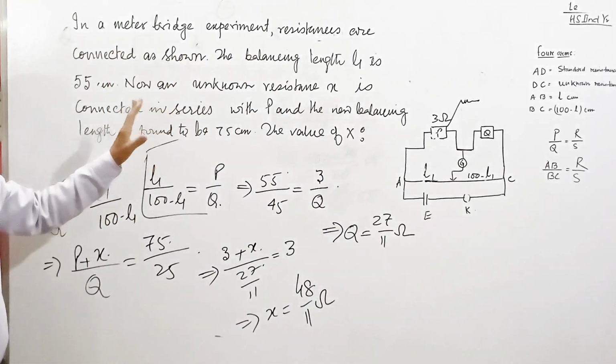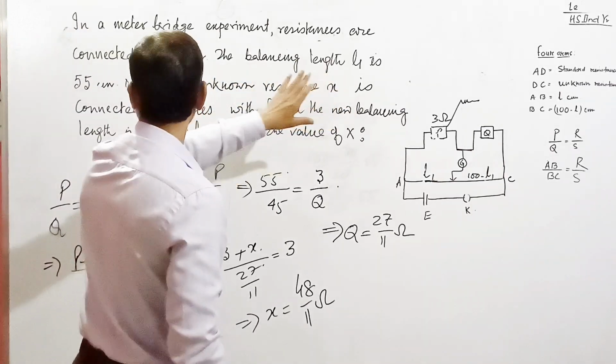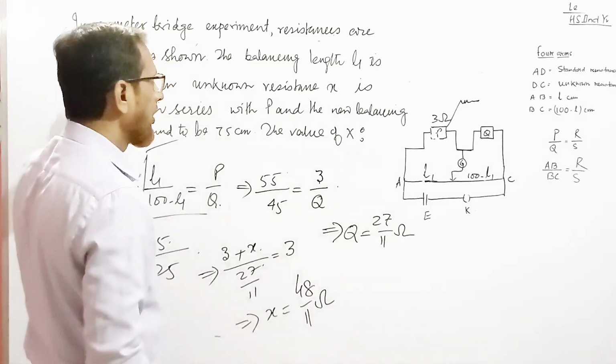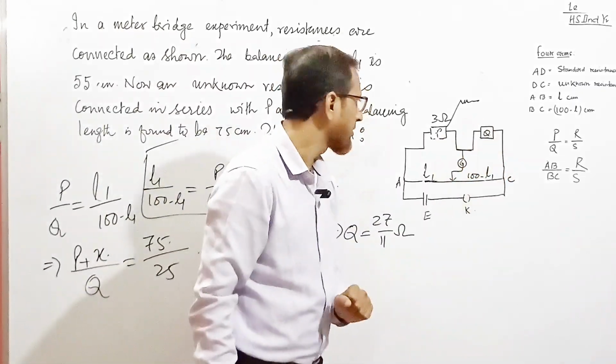On solving this, you will get X. So this question has two parts. The first part is, at a certain length L1 of 55 centimeter, we need to find the unknown resistance Q with the meter bridge principle.